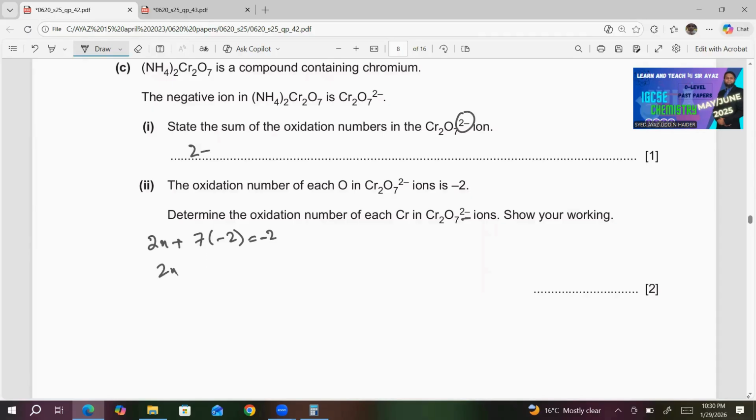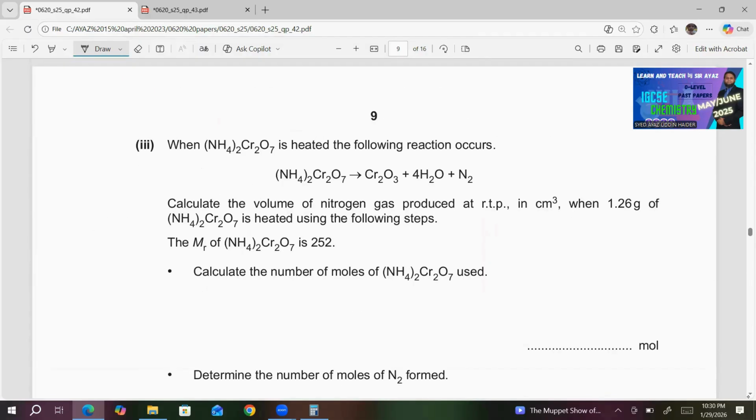So 2x minus 14 is equal to minus 2, or 2x is equal to minus 2 plus 14. Then x becomes equal to plus 12 divided by 2. This will give plus 6. So plus 6 will be the oxidation number of each Cr in Cr2O7 2 minus ions.